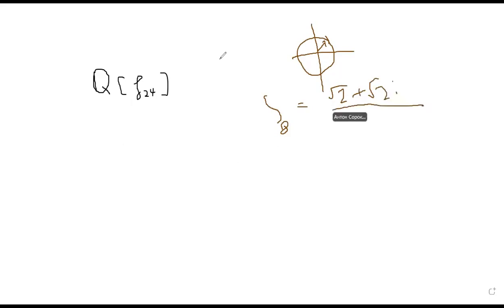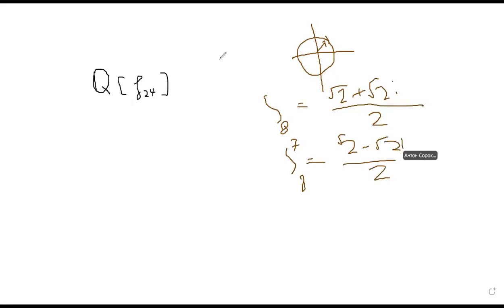We can take this, and the 7th power will be the same thing with minus. If we sum them, it will be the square root of 2.